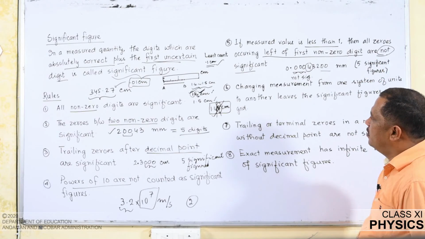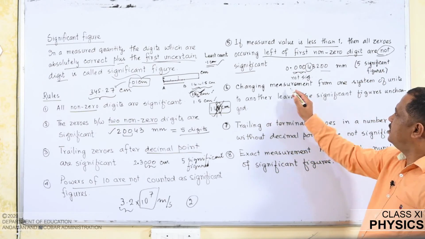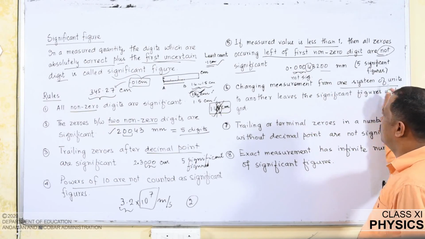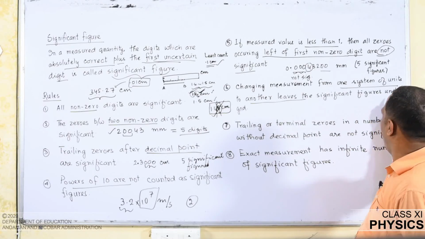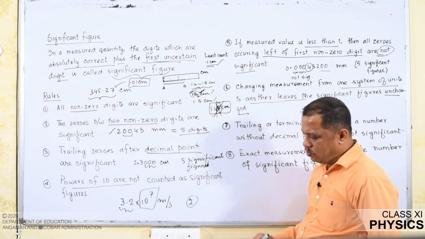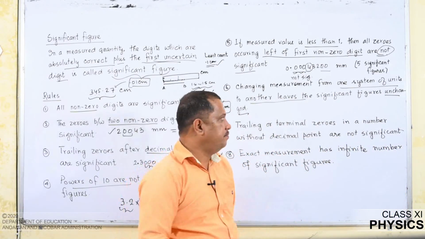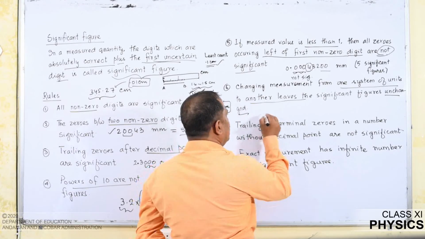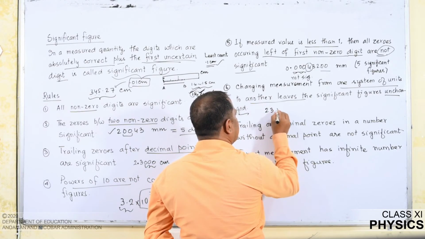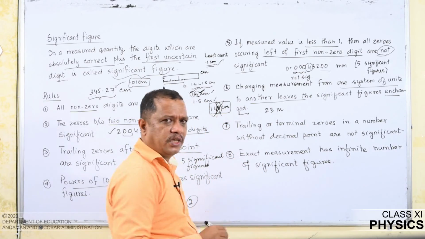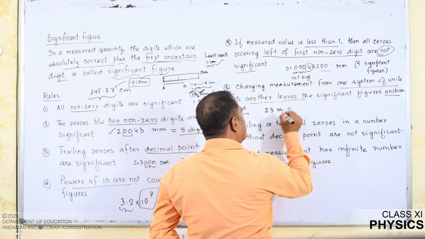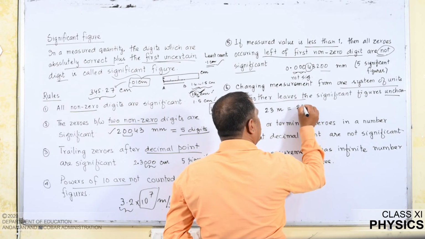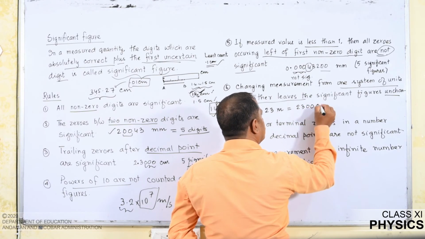Then the rule says changing measurement from one system of unit to another system leaves the significant figures unchanged. What do I mean by it? Let me say I have 23 meter. So, I have two significant figures, and if I am asked to convert this into centimeter, I am going to write 2300 centimeter.